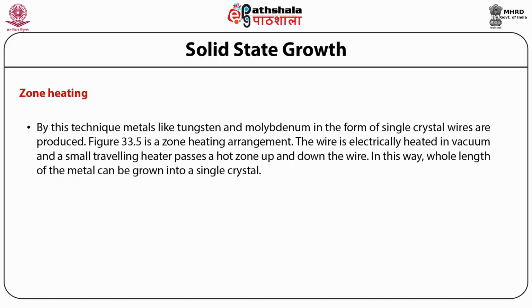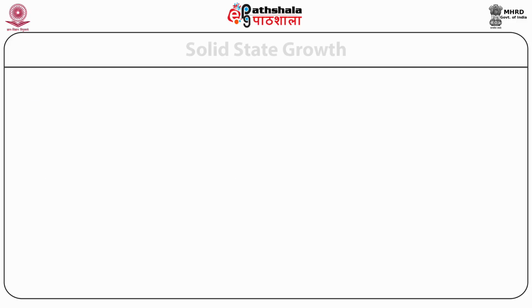By this technique, metals like tungsten and molybdenum in the form of single crystal wires are produced. Figure 33.5 is a zone heating arrangement. The wire is electrically heated in vacuum and a small traveling heater passes a hot zone up and down the wire. In this way, whole length of the material can be grown into a single crystal.